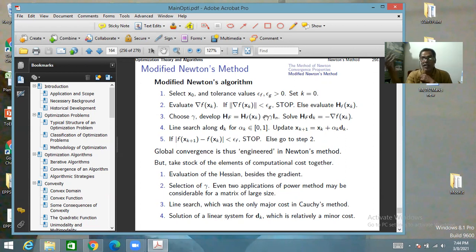Local convergence is already excellent, but that excellent local convergence property would be really expressed in modified Newton's method only in later iterations, when the Hessian would be actually positive definite on its own and completely and truly utilized. In earlier iterations, it might have been engineered and so might have lost some of its natural high power.